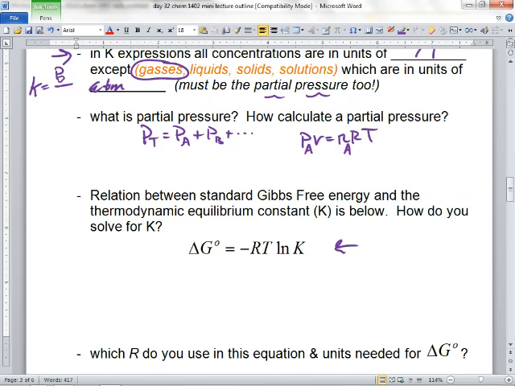Okay, so you go through all the work to get delta G0. How are you probably going to get delta G0? Yeah, product minus reactant.